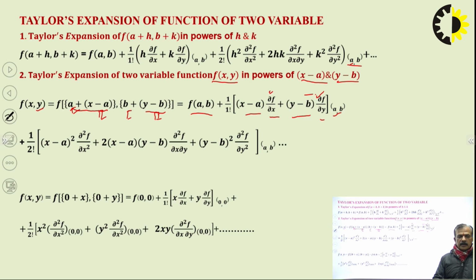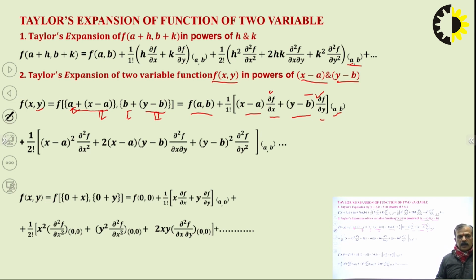Here the first part of the first term is 0 and the second part of the first term is x, the first part of the second term is 0 and the second part of the second term is y. So, we expand this function by the Taylor theorem or Taylor expansion formula, in powers of x and y both, with the values of the function and its derivatives at x equal to 0 as well as y equal to 0.